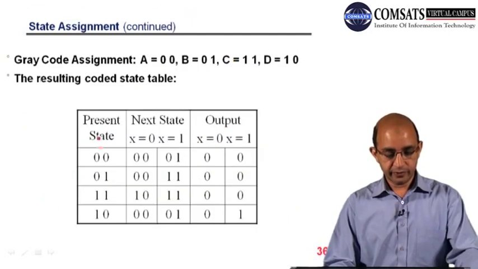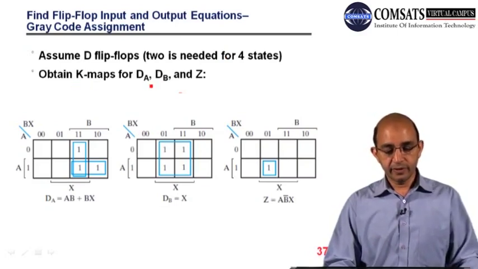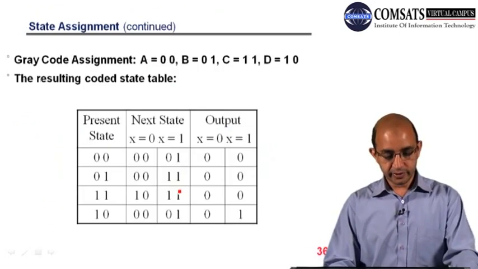If I go back, we have 4 states and we need 2 D flip-flops. And then we will be drawing the K-map for DA, DB and Z. This is the tagging for the flip-flops: this is the A flip-flop, this is the B flip-flop. So here you can see I have to draw this.